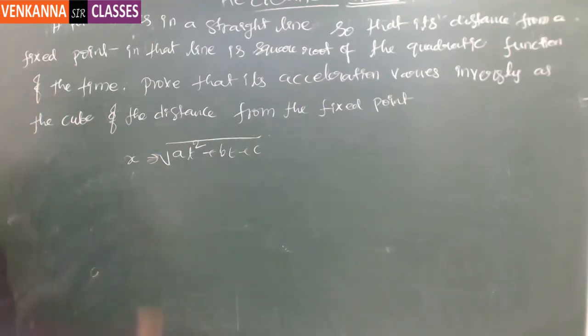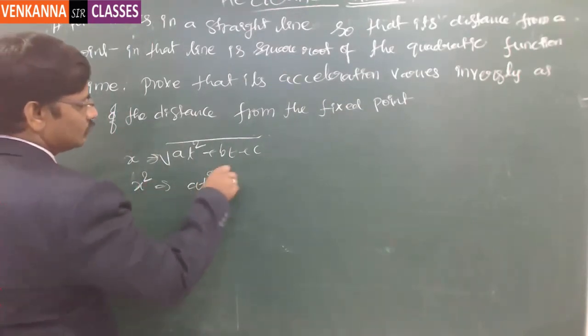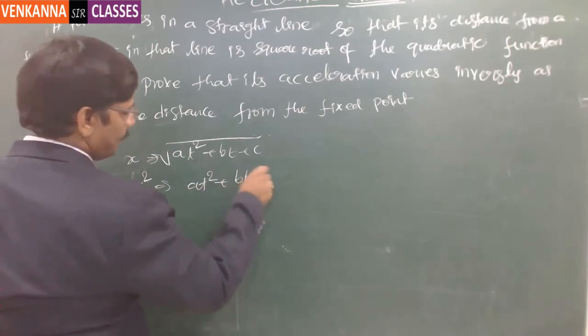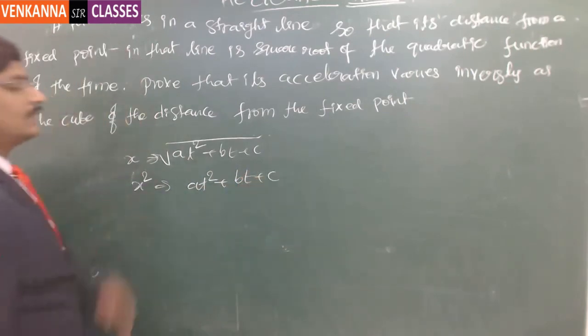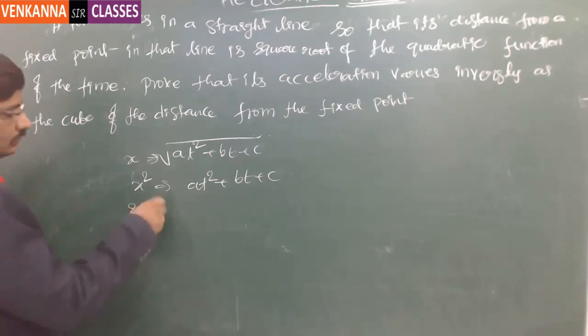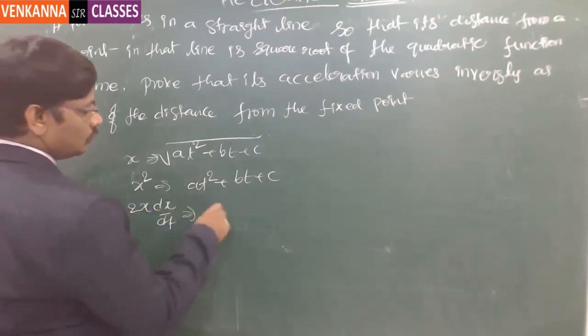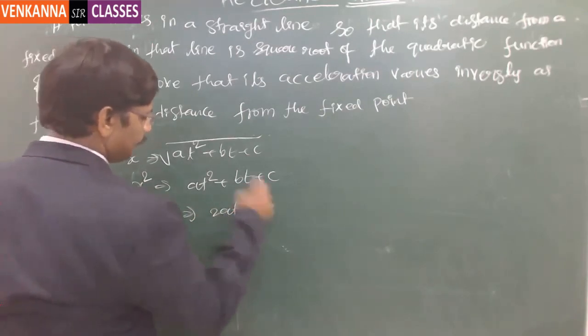Now if you square on either side, x square is equal to at square plus 2bt plus c. Now if you take the derivative on either side with respect to t, then 2x into dx by dt is equal to 2at plus 2b.